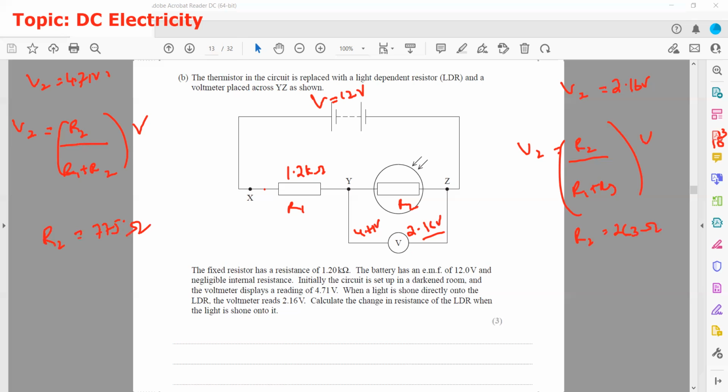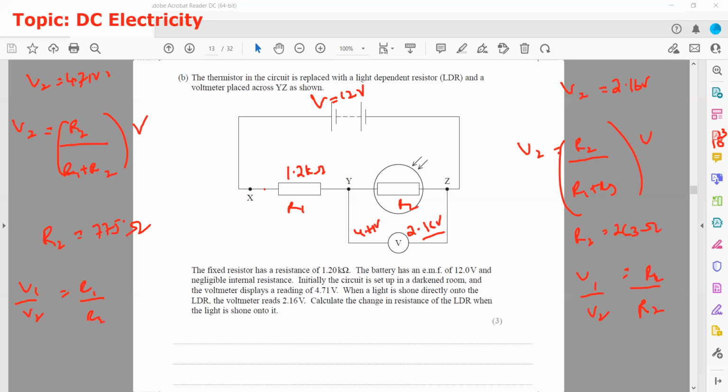We subtract to get how much change there is, so it changes by 512 ohms. Or you can also use the formula V1 over V2 equals R1 over R2, because the ratio of the voltages in series is the same as the ratio of the resistances of the two components.